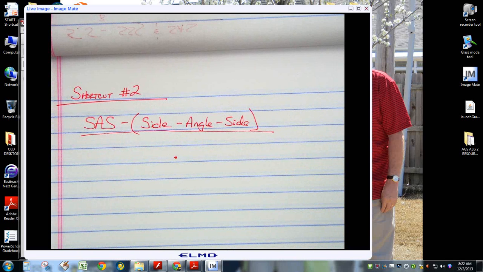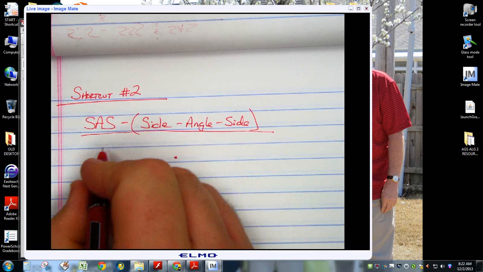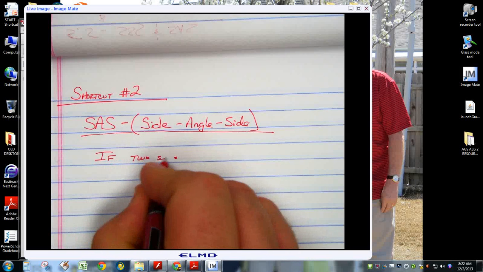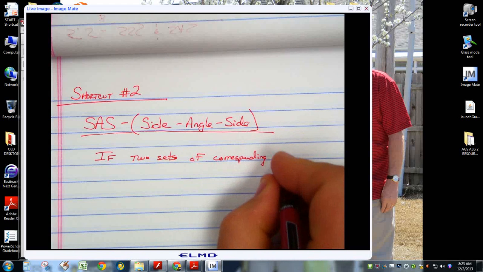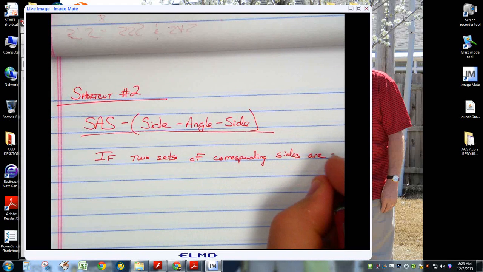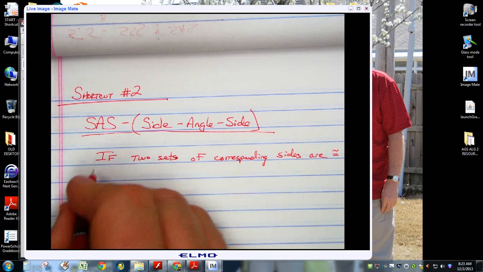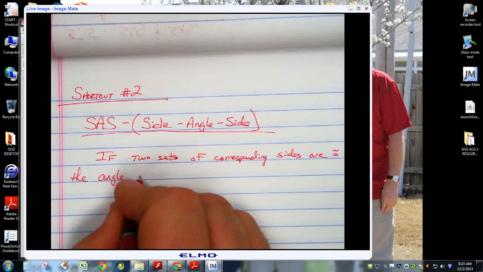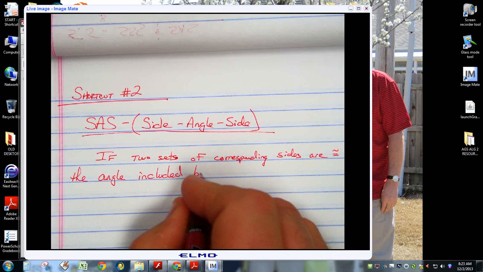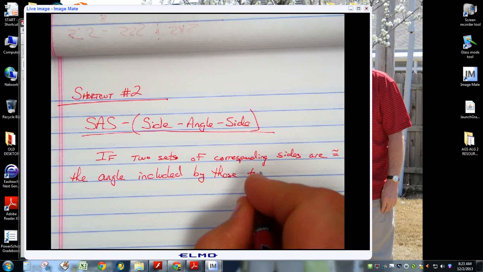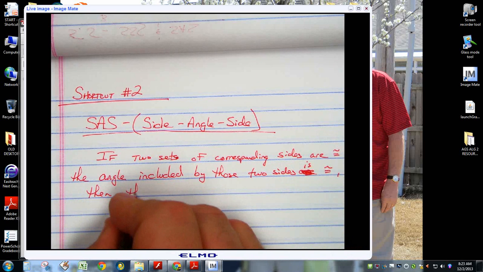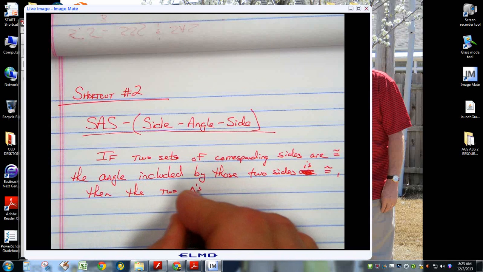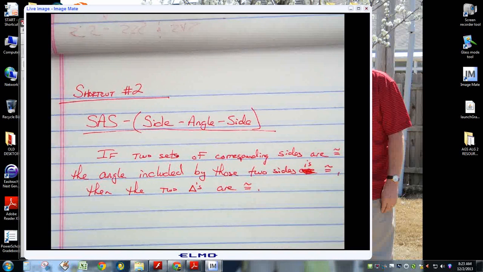Side, angle, side. Okay, this one's going to sound weird to you. If two sets of corresponding sides are congruent and the angle included by those two sides is congruent, then the two triangles are congruent.